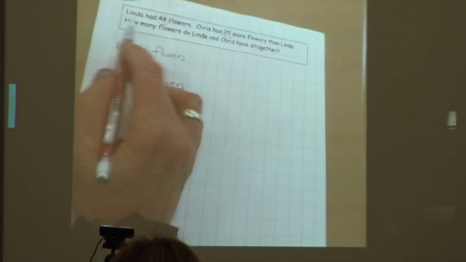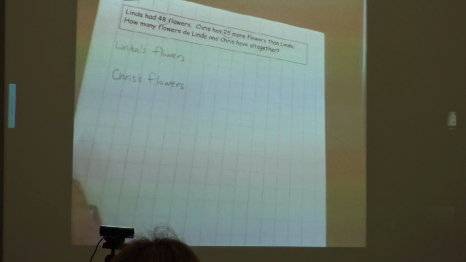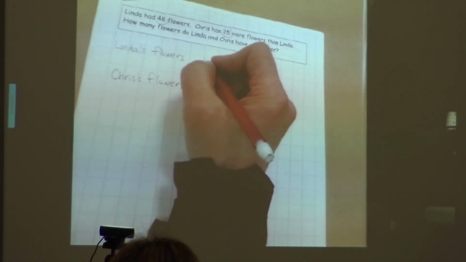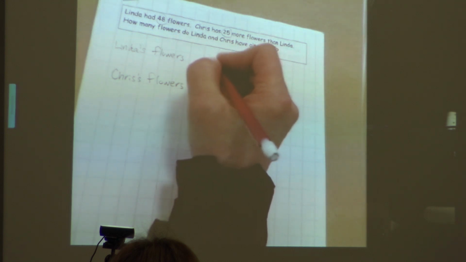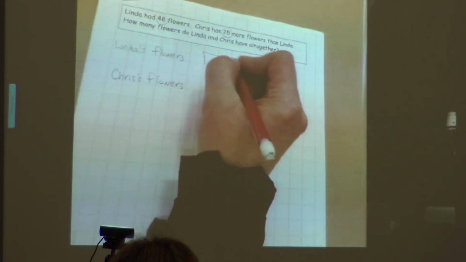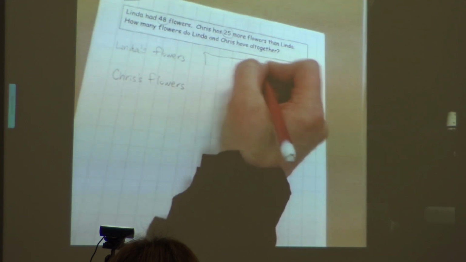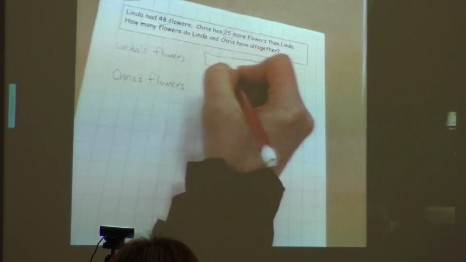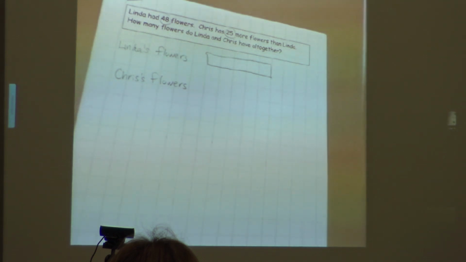So we start with Linda has 48 flowers. I'm going to draw a bar for Linda to represent 48 flowers. What's nice is I can adjust it later if I find it's too large. So I'm just going to do something like this. Now it says Chris has 25 more flowers than Linda.